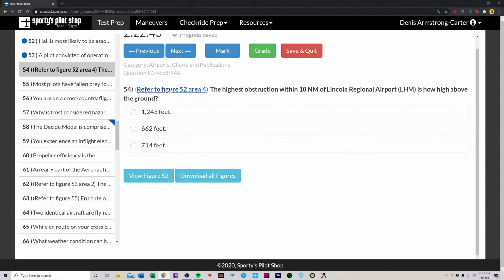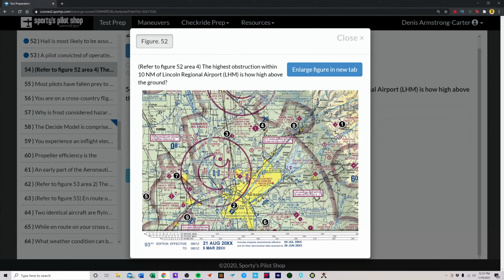296. We don't have that. So there's a bigger obstruction near area 4. 10 nautical miles. 714. We have 714, 406, 318. I don't see the altitude of any. 245. 456.